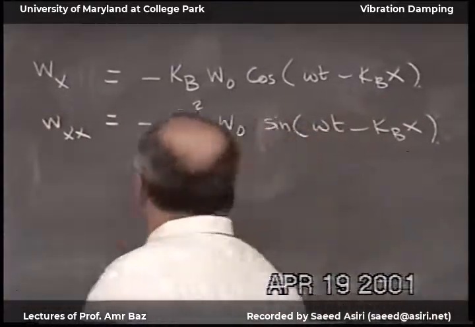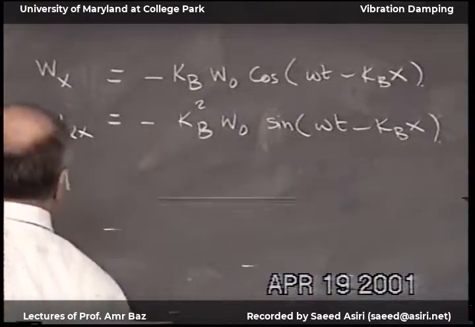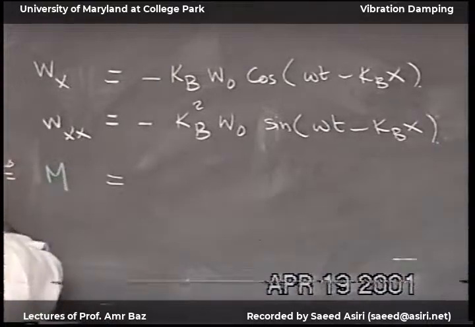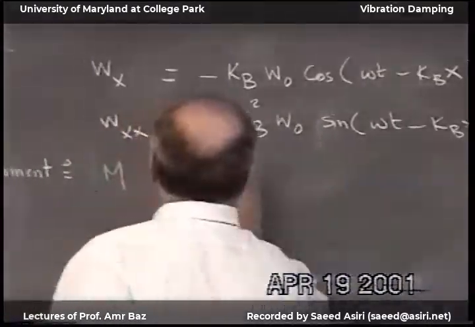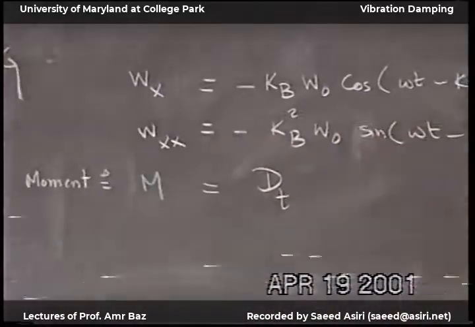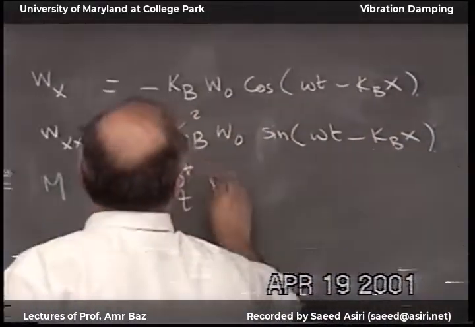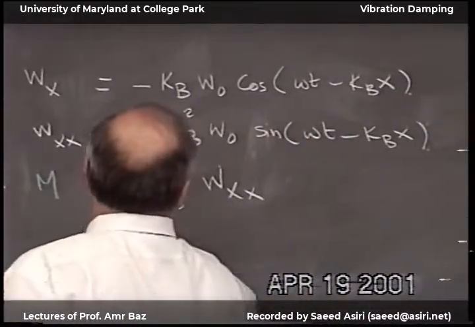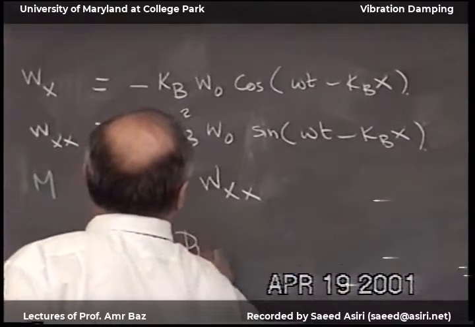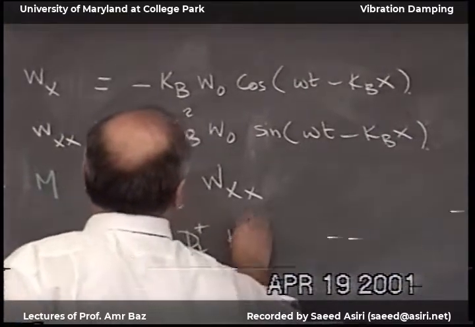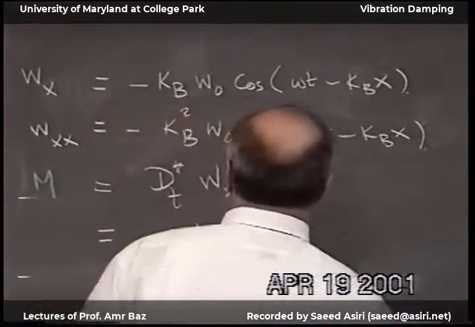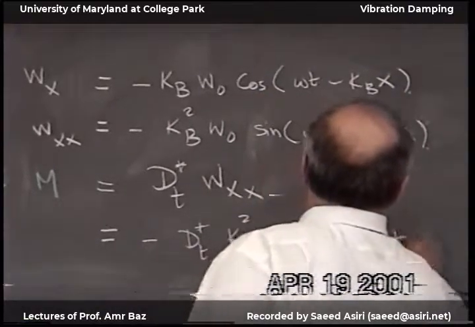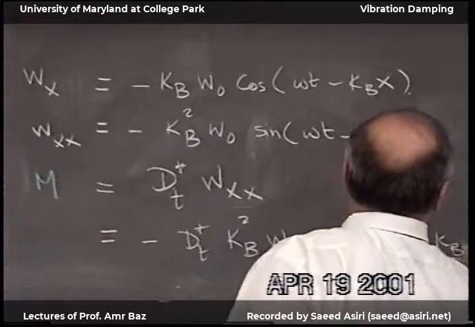From here I can get the moment. And the moment will equal to dt w xx. So this will equal to minus dt kb w0 sine omega t minus kb x.